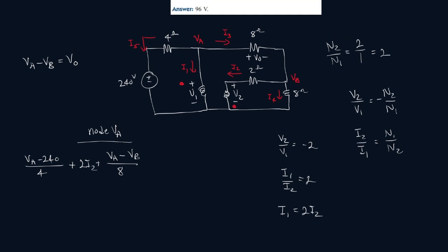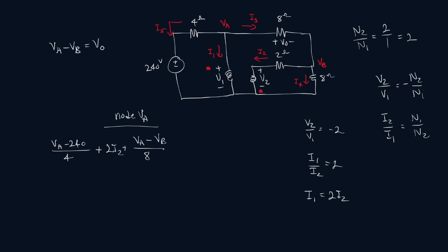Okay, and then notice another thing. I2, we can rewrite this. I2 will be equal to VB minus V2 all over 2 ohms.